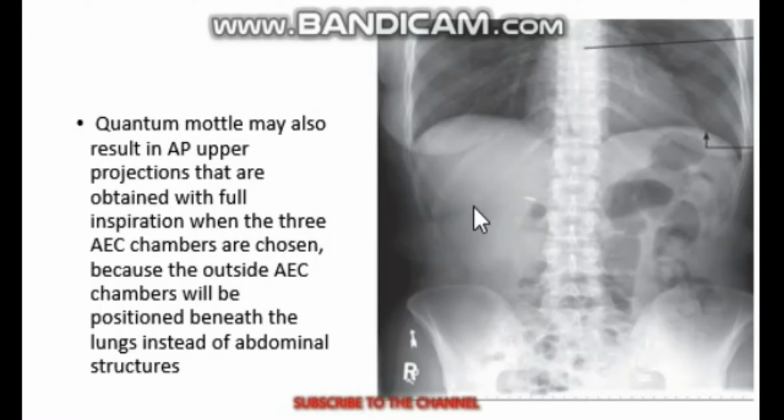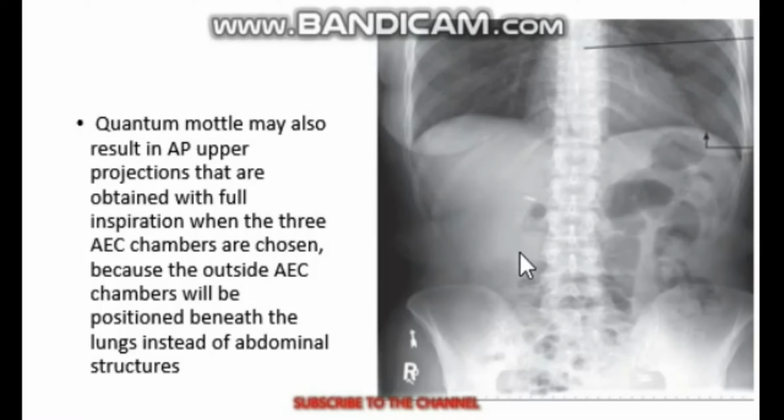So this image was taken on full inspiration. If the automatic exposure control chambers are positioned this way and this way and this way, most of the X-rays will reach the image receptor in the lungs first as compared to the abdomen.